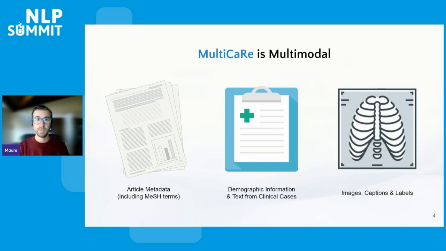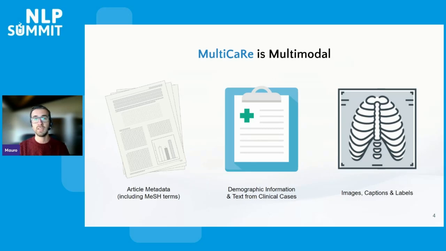MultiCaRe is multimodal. It includes different case report articles and their metadata, including MeSH terms, citation information, and license type. It also contains the text data from the actual clinical cases, and it also contains images related to those cases, and image captions and image labels.